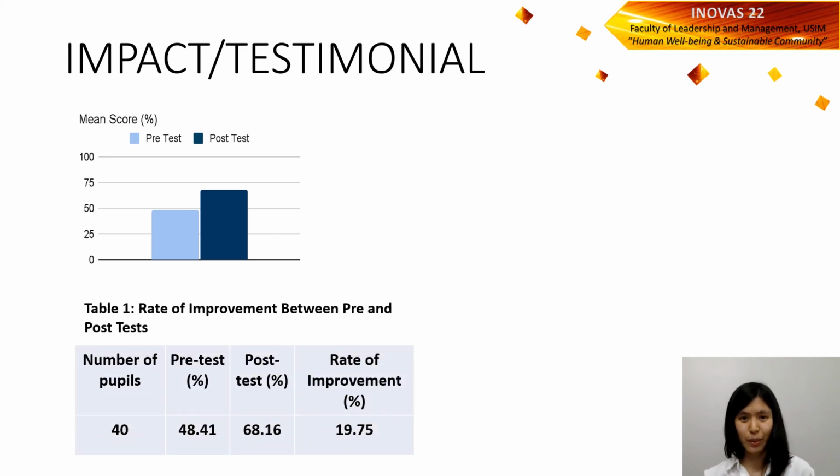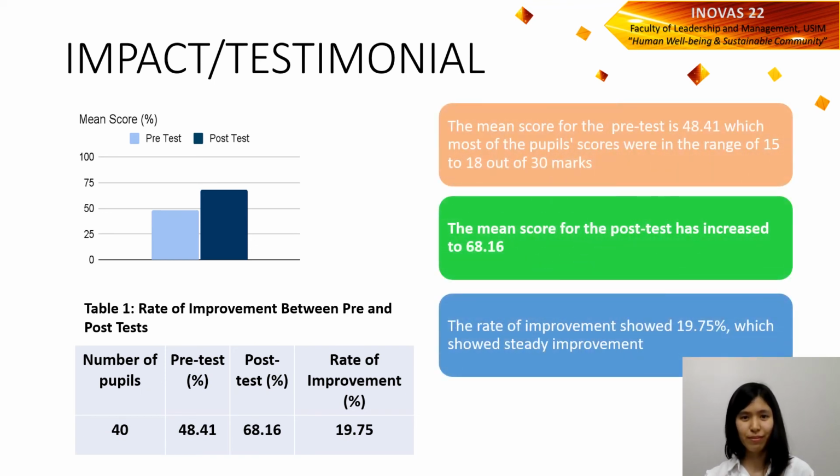Nevertheless, a positive result is observed. It can be seen from the bar chart that the mean score for the pretest is 48.41, which shows that the majority of the pupils' scores were in the range of 15 to 18 out of 30 marks in the test.